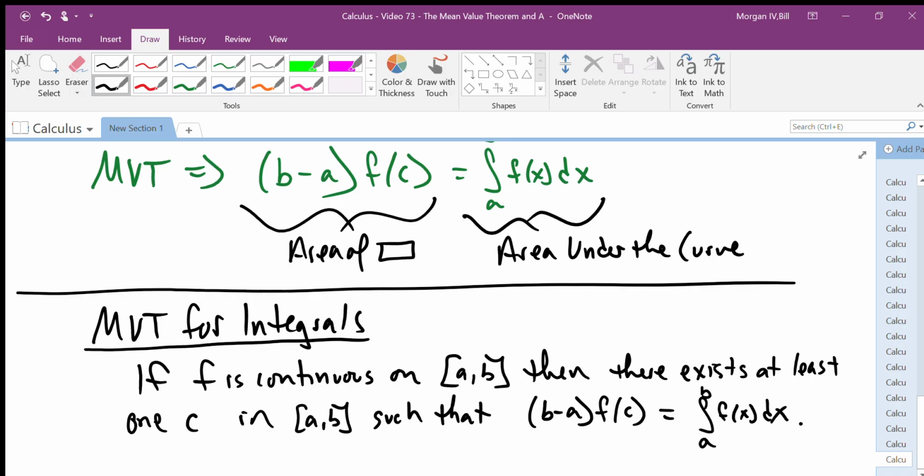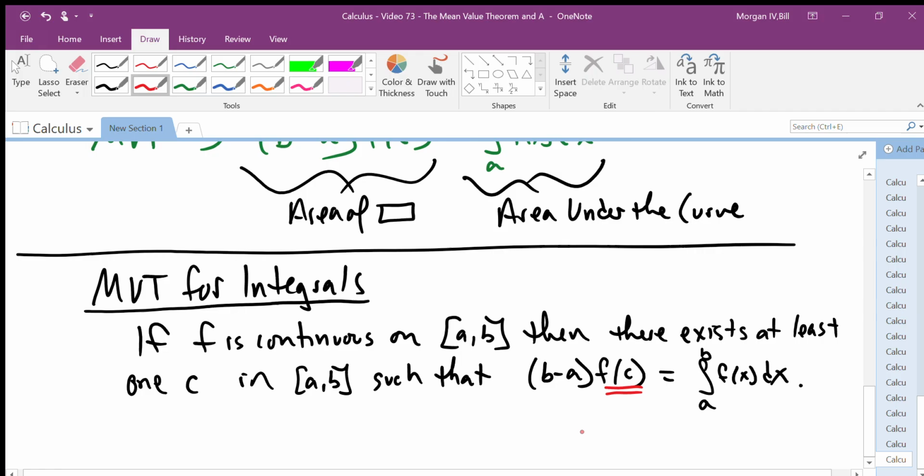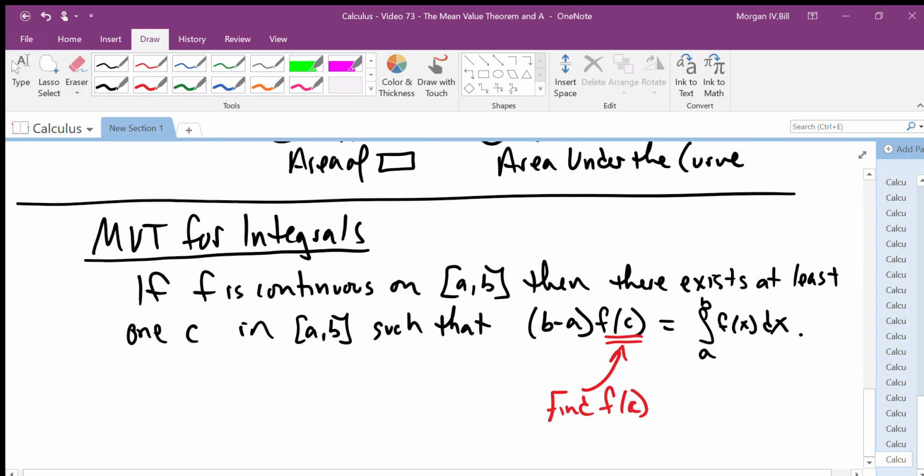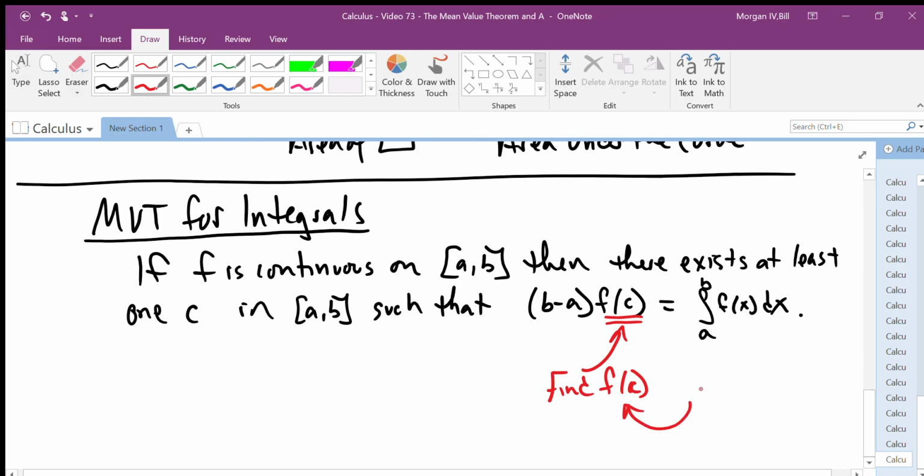What we do is we often ask you, find that f of c. Find that particular height that creates the rectangle with the same area as the area under the curve. We will be asking you to find this f of c. And we call that f of c the average value.